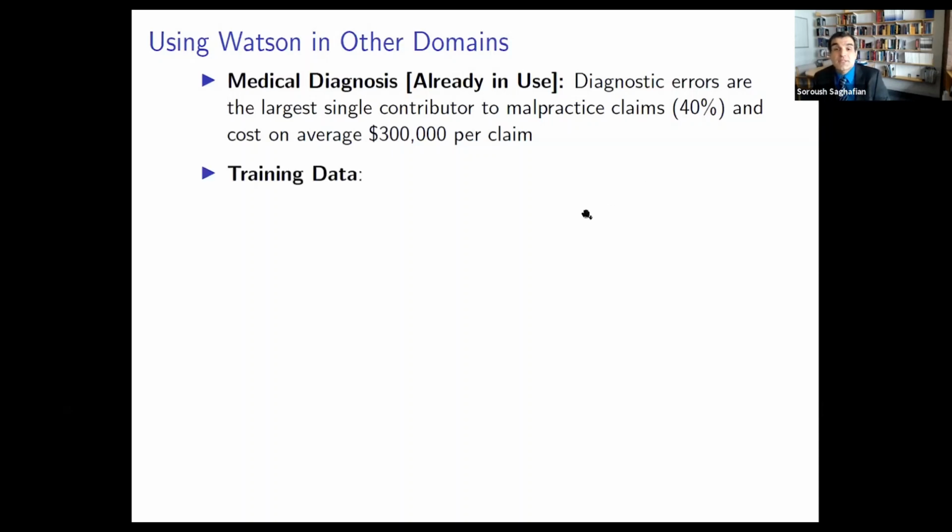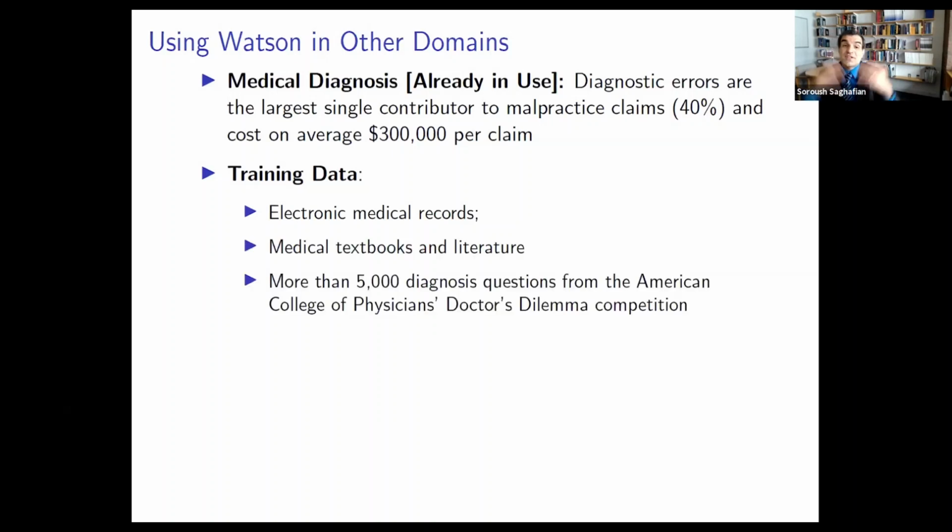The reason it was able to do that is because we have a huge amount of data. We have electronic medical records, medical textbooks and literature, and more than 5,000 questions from the American College of Doctors Dilemma, which has a lot of examples of different diseases and different cases. IBM Watson is trained on all of them, and now is able to reduce malpractices using that.